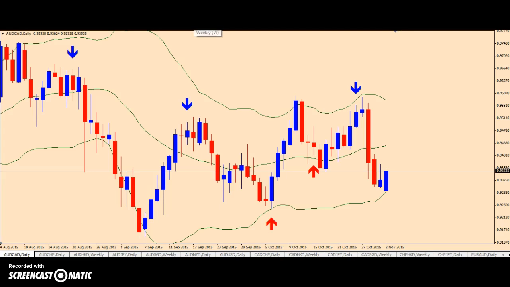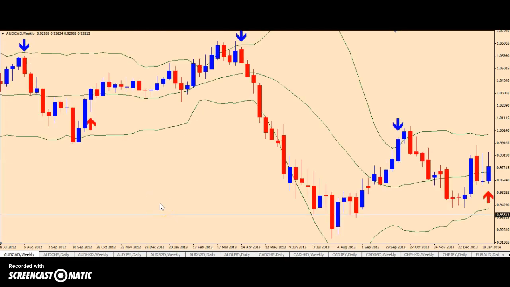Let's pop over to the weekly chart and use this example up here as a weekly signal. We have a sell signal. It's an outside bar but bearish, and that gave a nice fall all the way down.